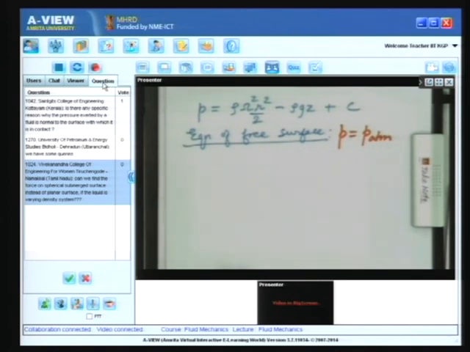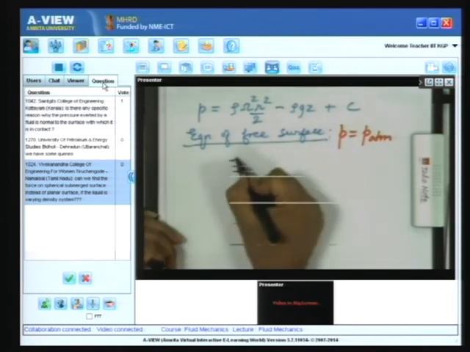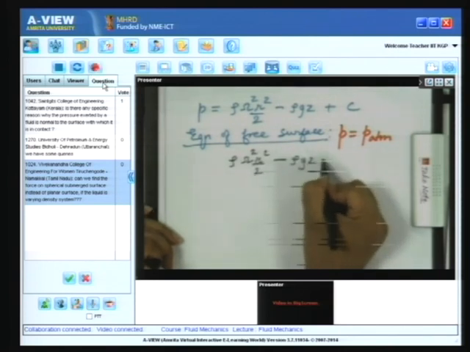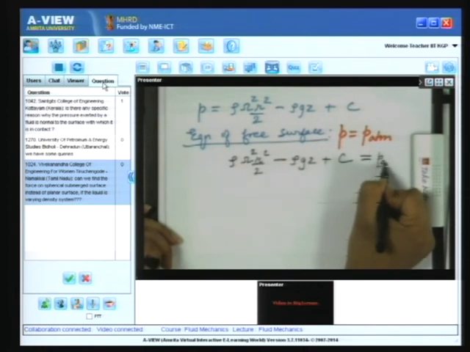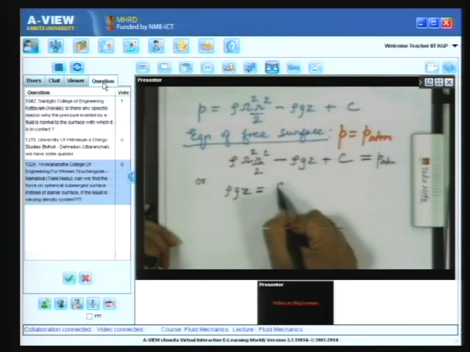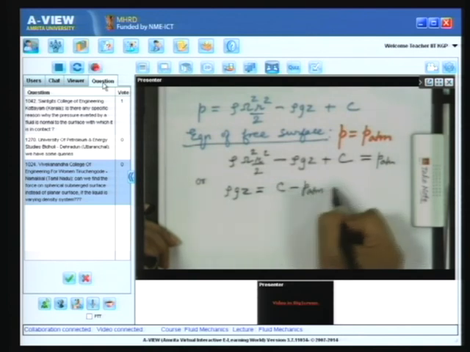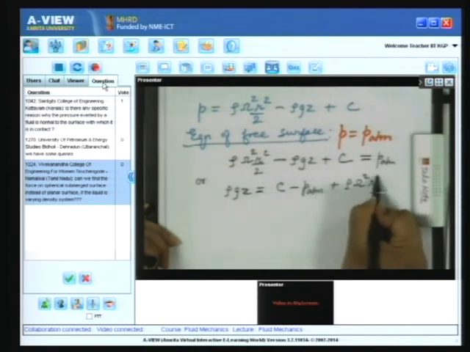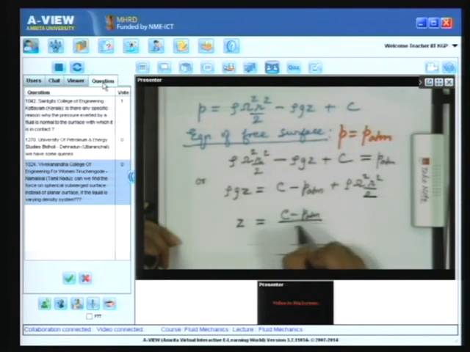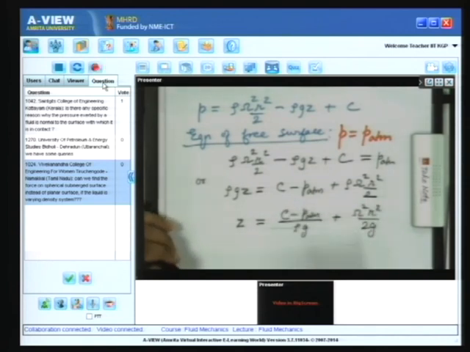That means you are going to have rho omega squared r squared by 2 minus rho g z plus c is equal to p atmosphere, or I can write it as rho g z is equal to c minus p atmosphere plus rho omega squared r squared by 2, or if I divide by rho g, z is equal to c minus p atmosphere by rho g plus omega squared r squared by 2g. So, this is another constant. So, this is the equation of a parabola.